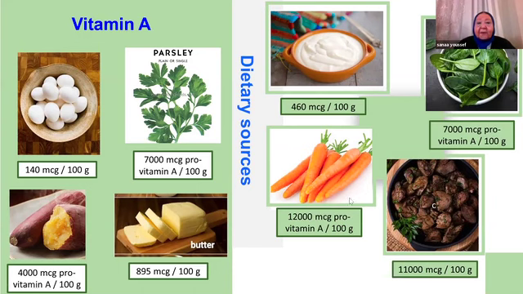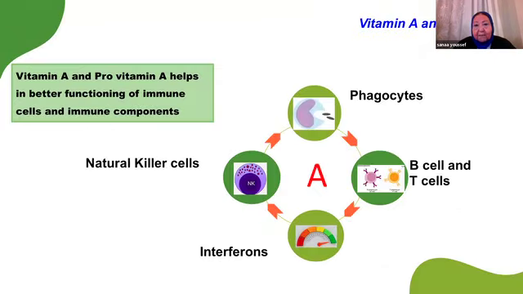You see how the parsley, which is a very simple plant, has a very high content of vitamin C, followed by the sweet potatoes, and followed by the spinach, the carrots, and also the mushroom. So you have to be sure that you are giving enough vitamin C, and you have to be aware of what you are giving to your child.